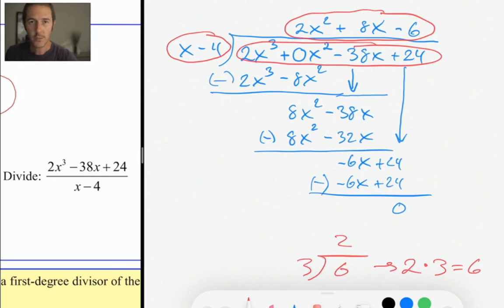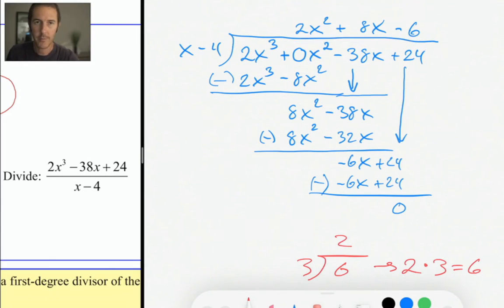So what we've just done using long division is we have started factoring our dividend, this 2x cubed thing. It equals the product of the divisor and the quotient. So as we continue moving toward learning more about factoring, please realize that this long division process is going to be beneficial.